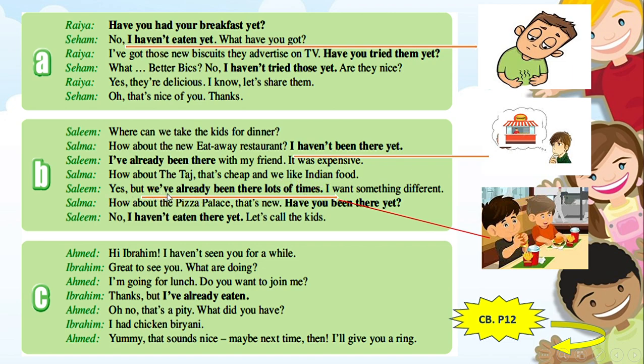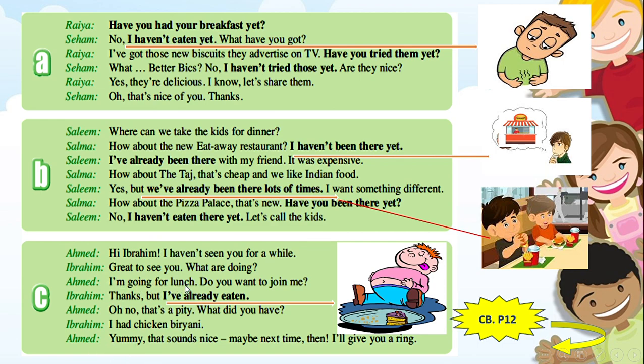Yes, but we have already been there lots of times. We've already been there lots of times. Do you think those people have already been to that place? Yeah, very good. They have already been there lots of times, many times.